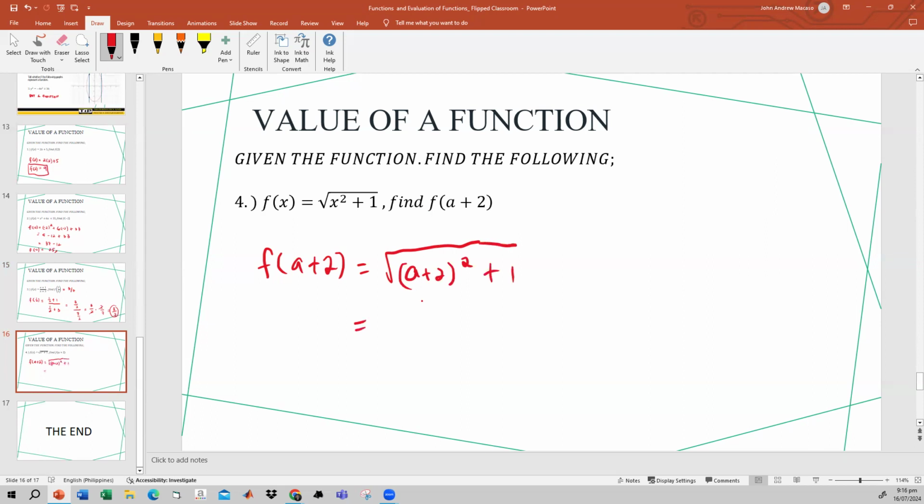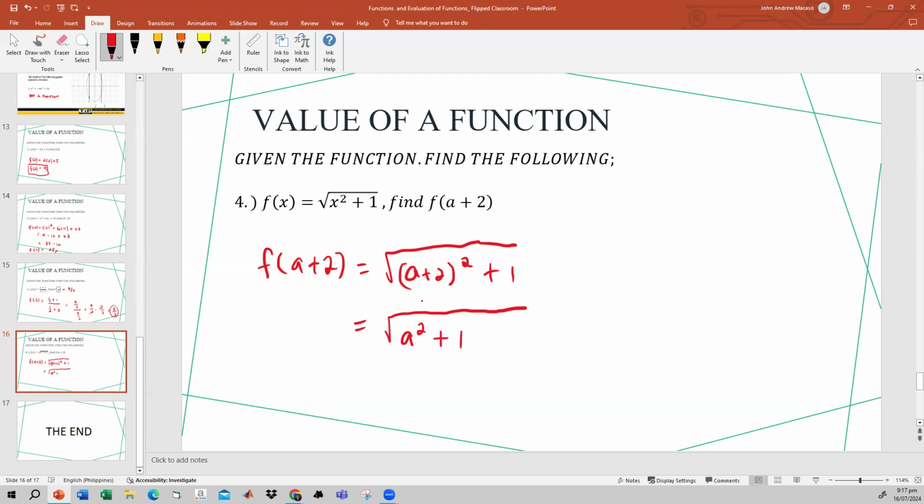Evaluating, this becomes the square root of, since we're dealing with a binomial that is being squared, you just need to square the first term. That's a squared. Then multiply the first term and the second term and the exponent: 2 times a is 2a, times 2, so it becomes 4a.